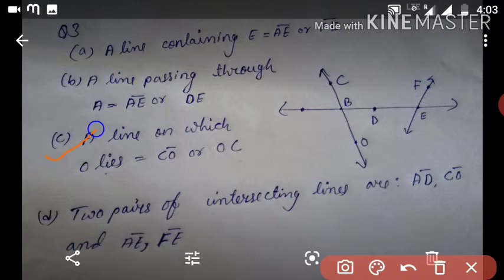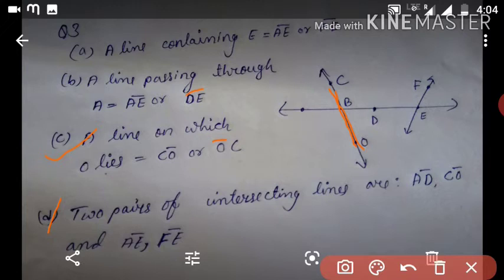Now see the answer, a line on which O lies. Now in which line does O lie? You can say CO is the line where O is lying, or you can say OC. Okay, you can say OC. Now I forgot to give the bar. Here you have to give a bar, and here also you have to give a bar. So these are the answers for A, B and C.